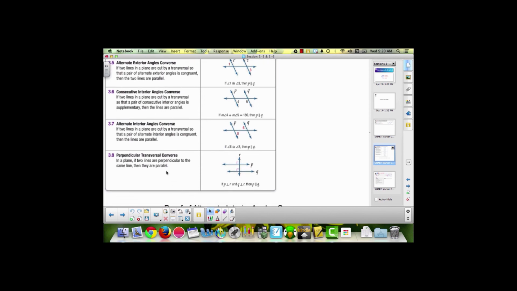Also, if I have two lines that are perpendicular to the same line, those must be parallel. This comes directly from the postulate we just learned. These corresponding angles are congruent if these two lines are perpendicular to this line, so they must be parallel.